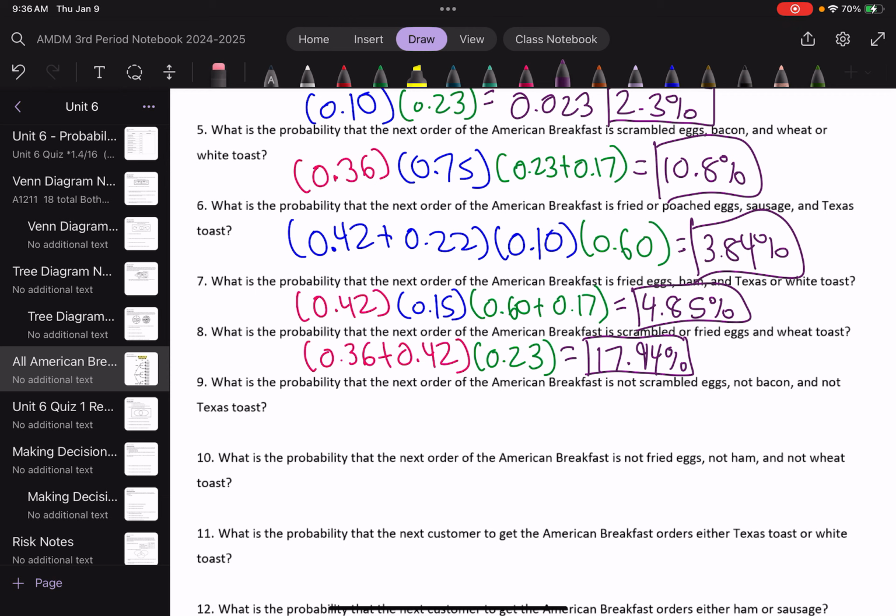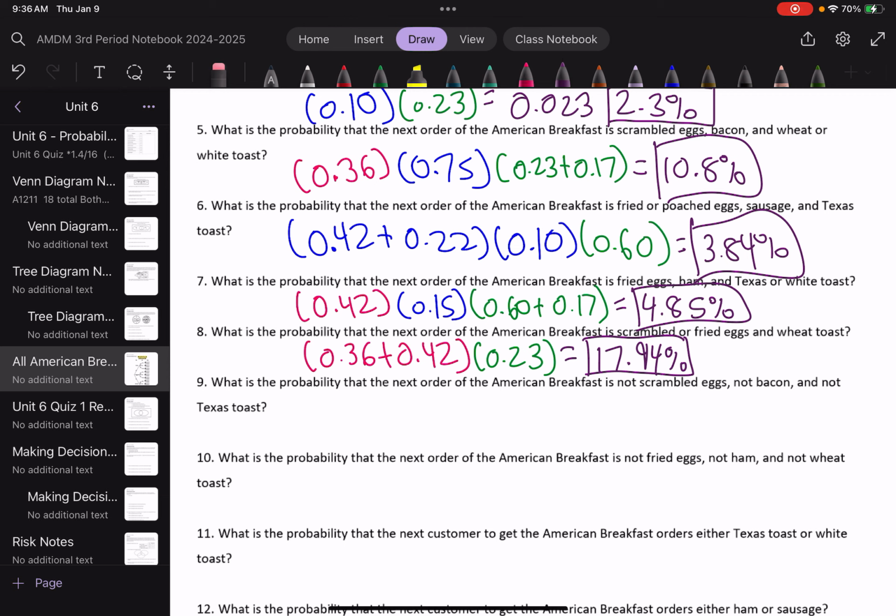So it says, what is the probability that the next order of the American breakfast is not scrambled eggs? There are a few ways you could do this. If I go back to my diagram, scrambled eggs were worth 0.36 out of the entire one, because they have to choose some sort of egg.